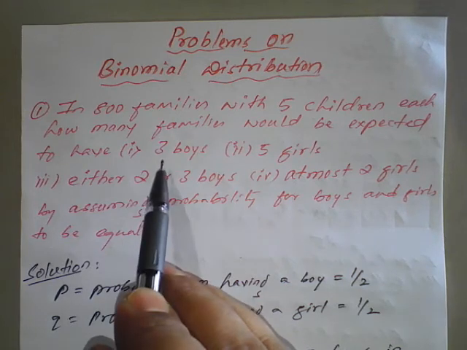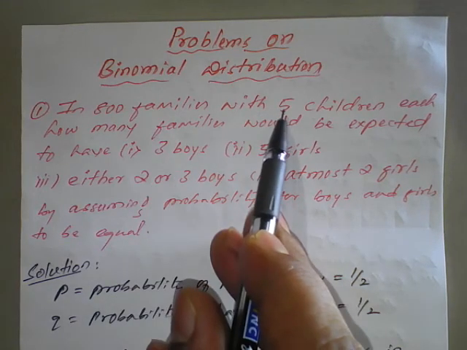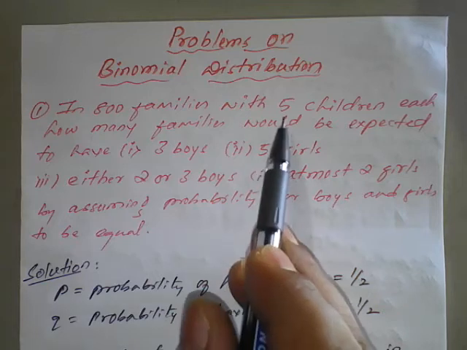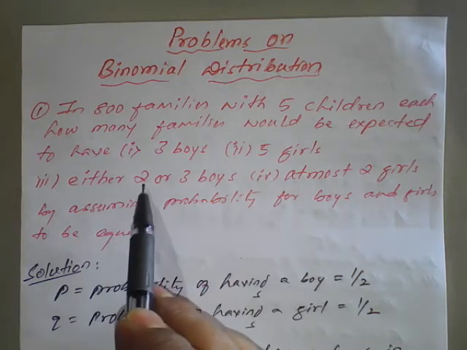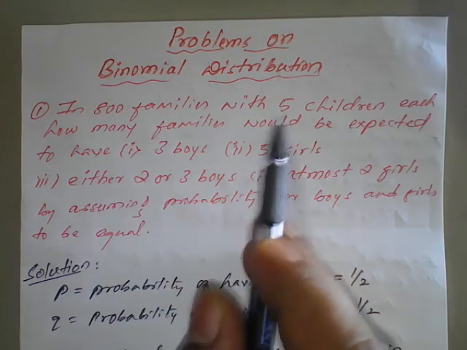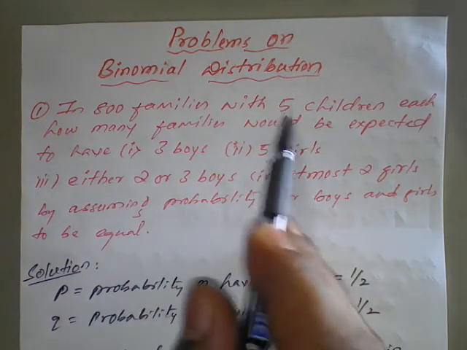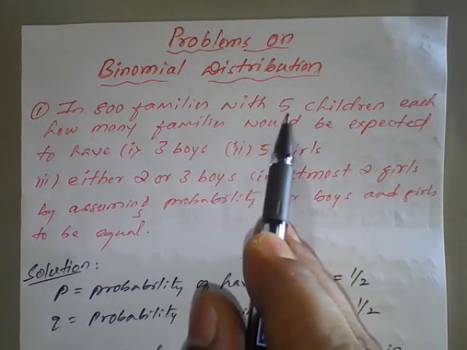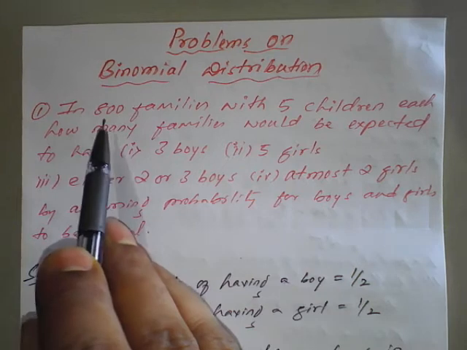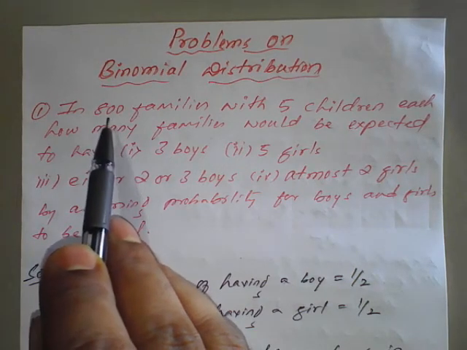So 3 boys is out of 5 children, 5 girls out of 5, and either 2 or 3 boys means from this only. Remember the value of small n will be 5, and the value of 800 families belongs to capital N.